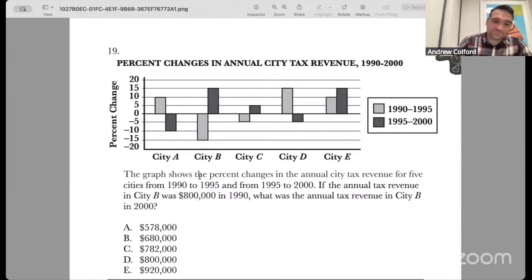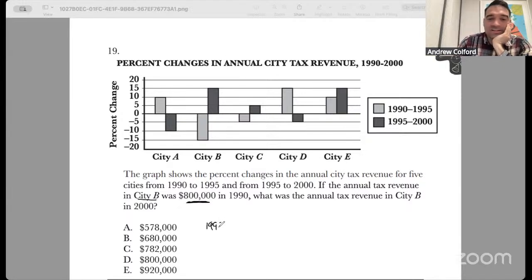Okay, so this graph shows the percent changes in the annual city tax revenue for 5 cities from 1995 to 2000. The annual tax revenue in city B was 800,000 in 1990. What was the annual tax revenue in city B in 2000? So we're talking about city B. We can kind of map this out.